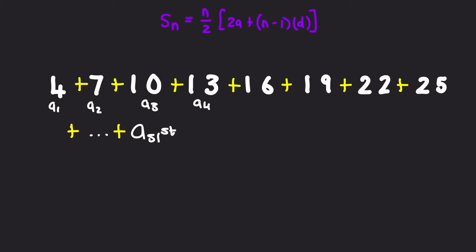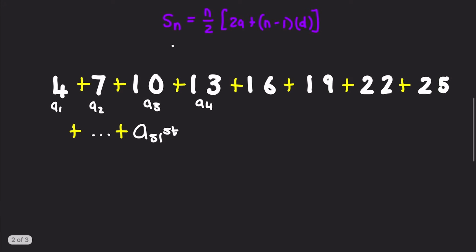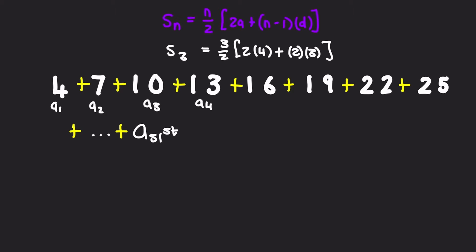So if I wanted to just sum the first 3 terms as kind of an exercise, I could say, well, S of the first 3 terms would be 3 over 2 times (2 times 4 plus 2 times 3, our difference), right? And we know that would be 3 over 2 times, well, that would be 8 plus then 6, which would be 14. 14 divided by 2 would be 7 times 3, which equals 21.